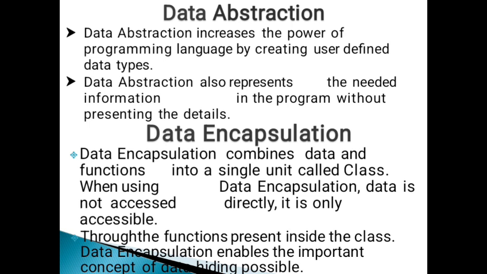Next is encapsulation. Encapsulation means wrapping, the process of wrapping or binding variables and methods under a single unit, that means a class. The variables and methods are combined in a single unit, under the Student class. The main advantage of encapsulation is data hiding.